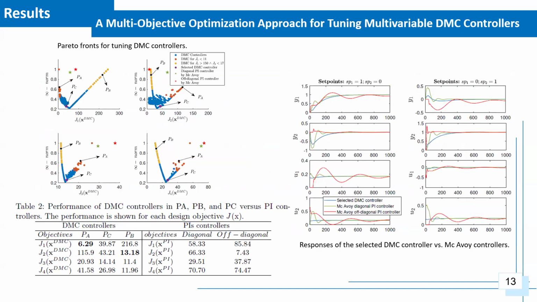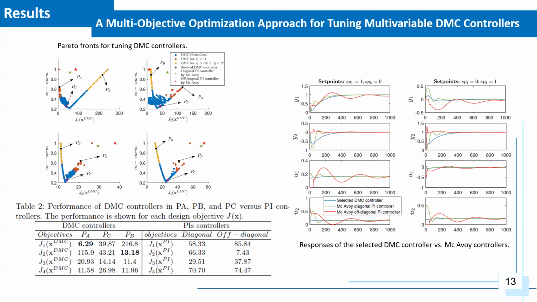To assess the trade-offs among the solutions on the Pareto front shown earlier, three controllers were selected: PA, PB, and PC. The PA controller provides the best performance for output Y1, as it achieves the lowest value for objective J1 compared with PB and PC.